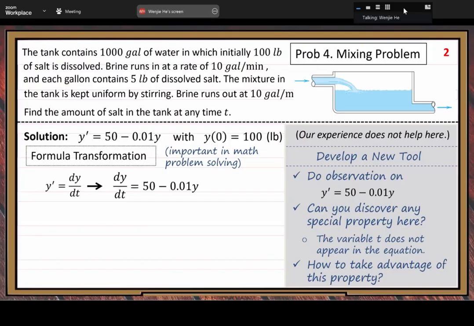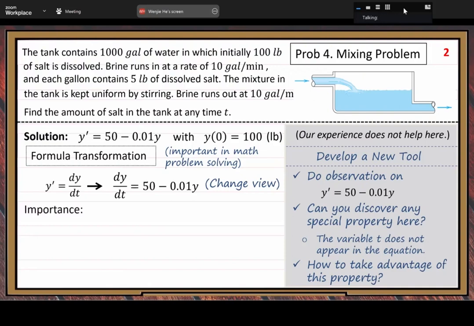In the old equation, a lot of things we cannot do, but in this new one we can do more. We changed the view.